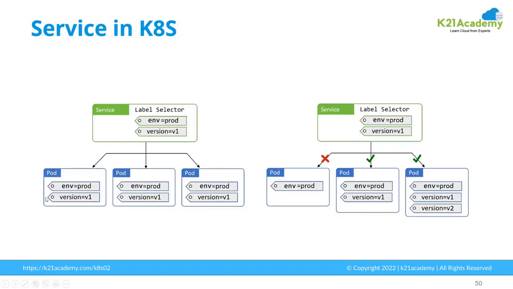Now, if one of the pods goes down or is restarted with a new IP address, the service will still forward to this new IP address, or a pod with a new IP address, because that has the correct label. Now on the right hand side, if you see, only two pods are matching with these labels. So the service will forward a request to those pods.